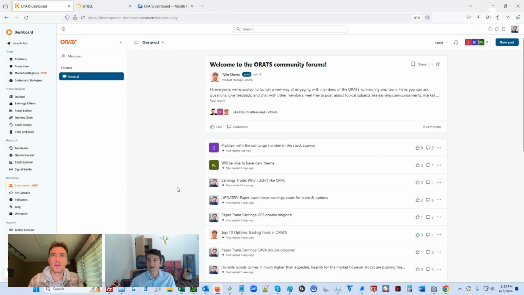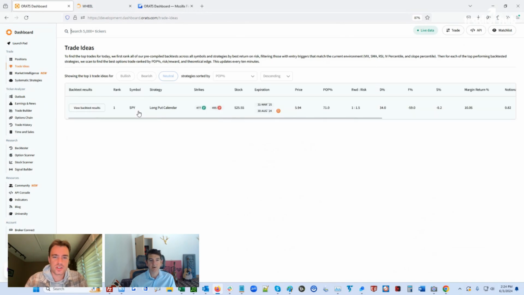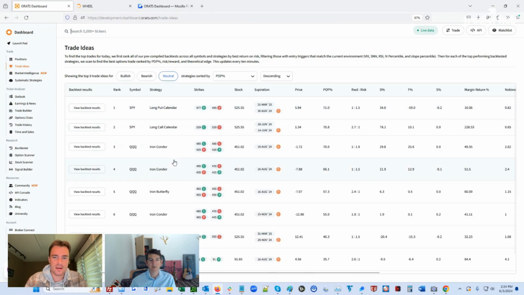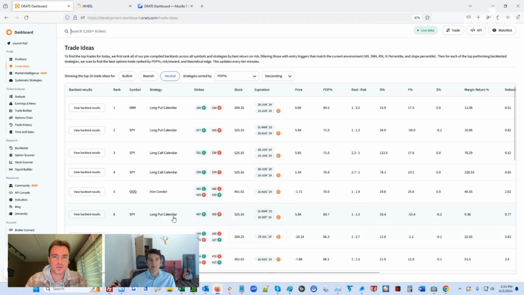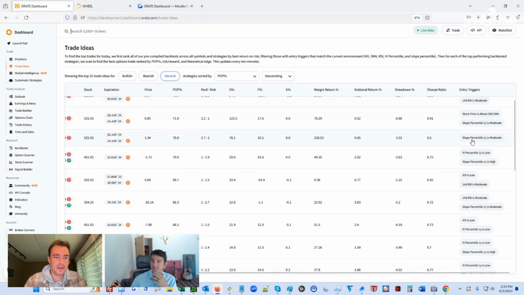One thing, Matt: we haven't done this show in 2 weeks, and since then we've made some updates to the trade ideas tab. We're now only showing you backtests that have entry triggers in the backtest, such as the VIX level, the RSI, the simple moving average, the slope percentile, things like that.